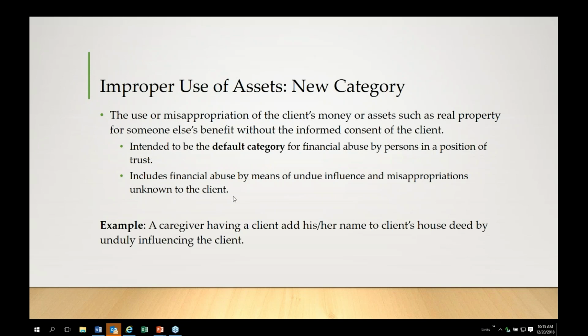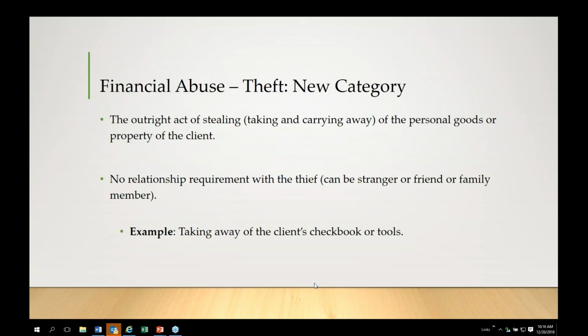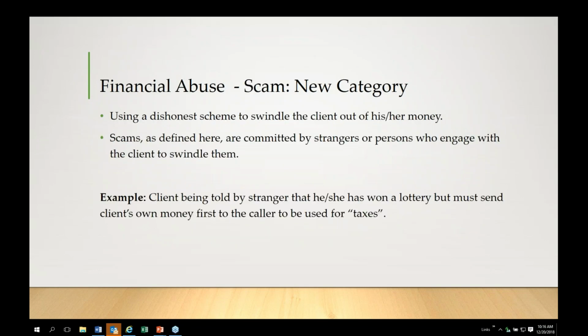So I'm going into a little more detail here. Improper use of assets is going to be your default category for any financial abuse, and it includes undue influence and misappropriations not known to the client. Theft is going to be defined as the outright stealing from a person, and there's no relationship required to the thief. So anytime they're taking away stuff from the client and stealing.